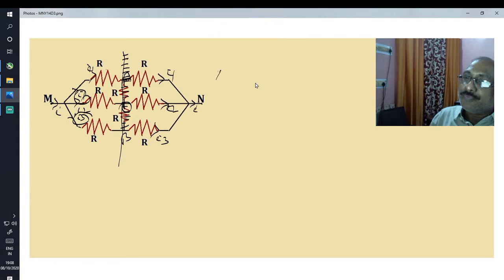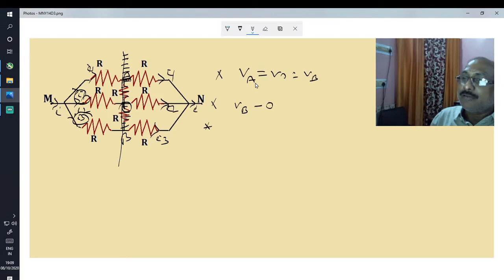Now, as we know, the potential at the point A, potential at the point B, potential at the point O will be the same. Therefore, potential difference between O and B will be 0.